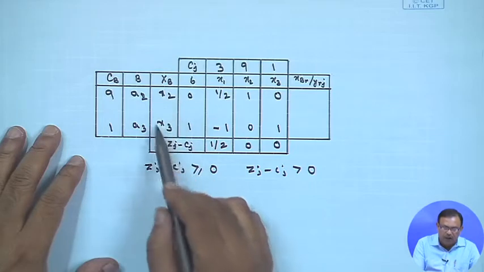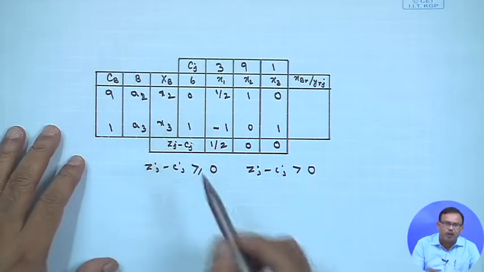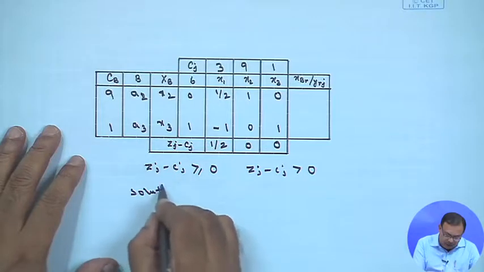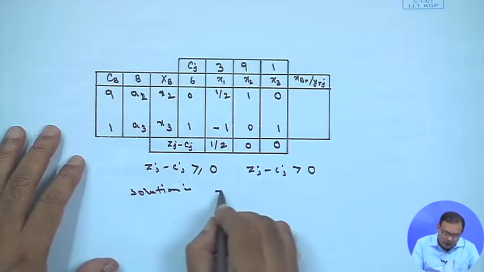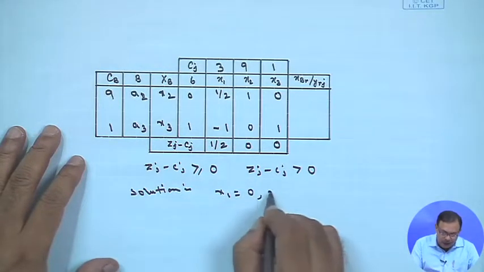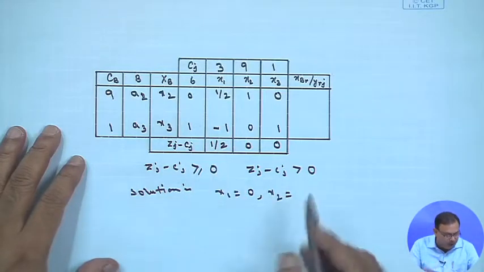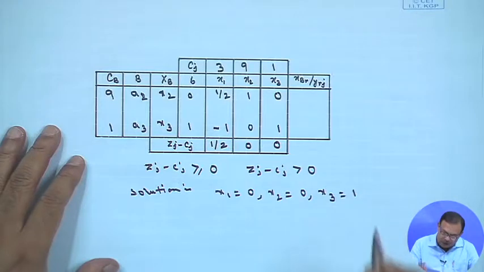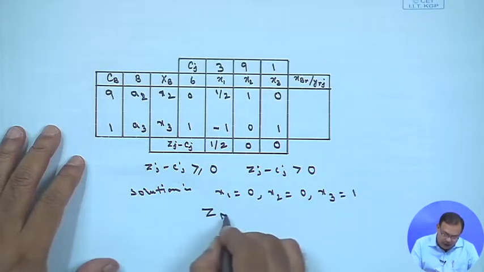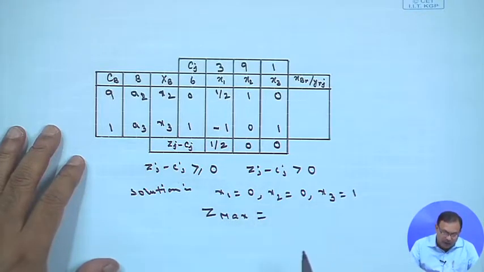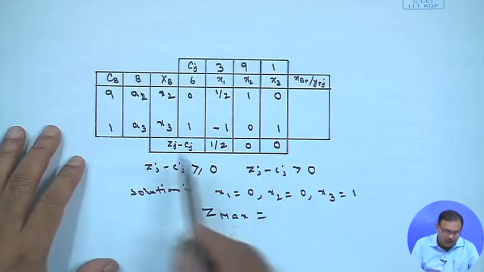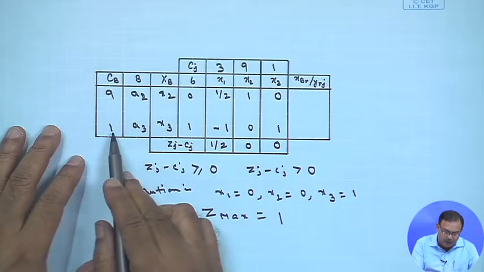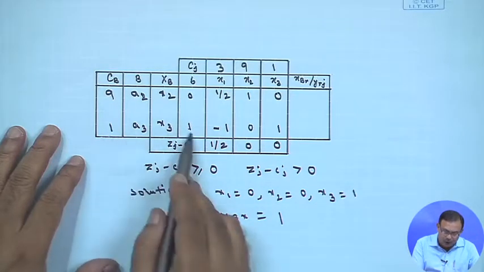In the basis, you have only two decision variables, x2 and x3. So, your solution is x1 equals 0, x2 equals 0 and x3 equals 1, and z max, the maximum value of z, is 1 into 0 plus 1 into 1.